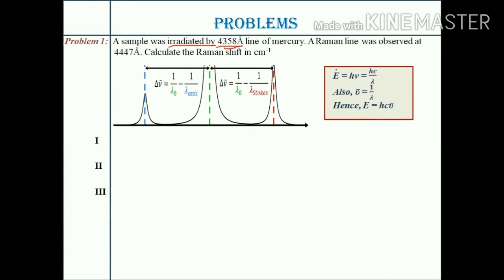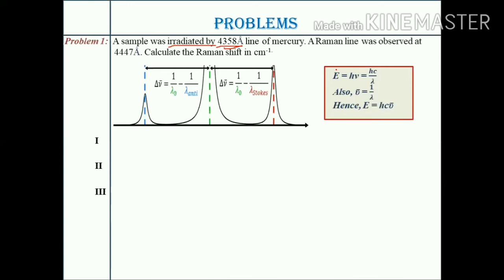Remember how the Rayleigh scattering was observed? The incident laser beam was subjected to the molecule, and the amount of energy absorbed by the molecule was emitted back with the same value, and this gave us the Rayleigh scattering line in the spectrum.